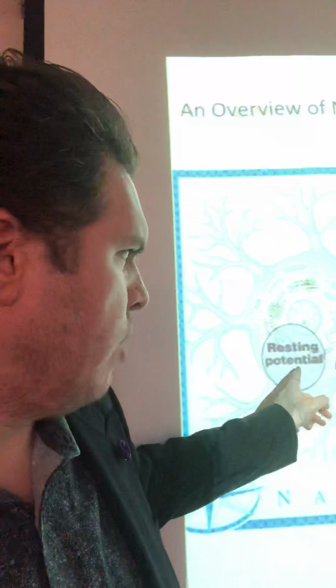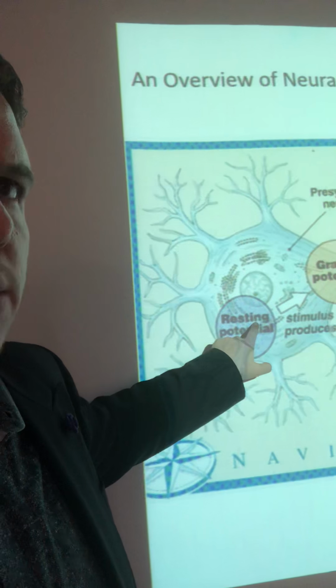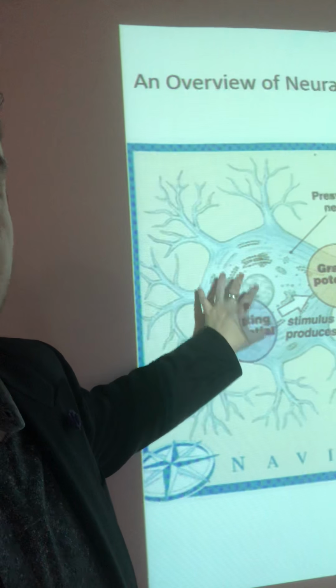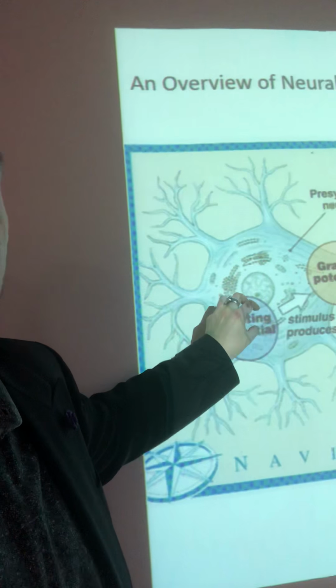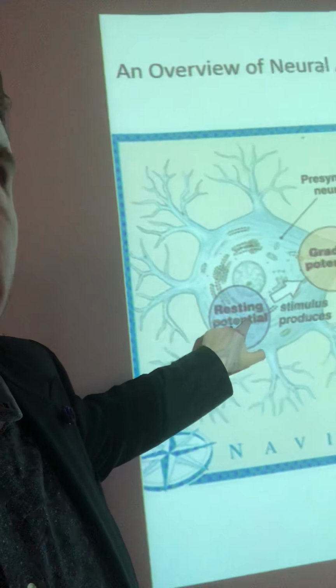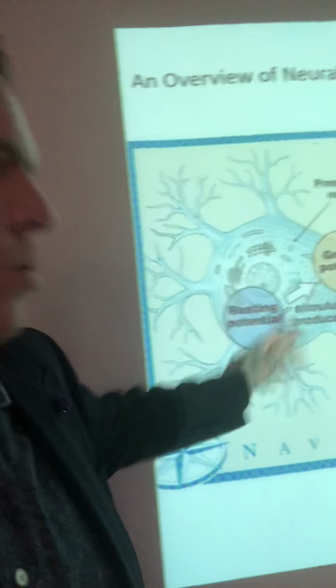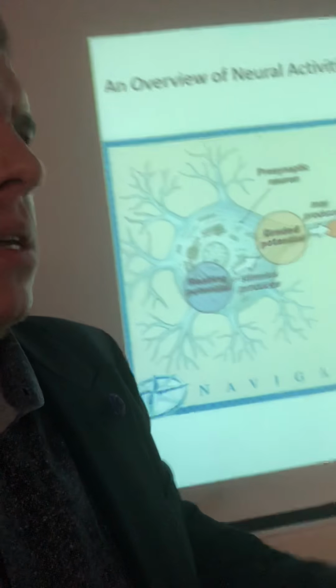So when the cell receives a signal, okay, so this is a postsynaptic neuron. When it receives a signal from a presynaptic neuron, that neuron's going to cause an influx of a certain element, not calcium, potassium, sodium.